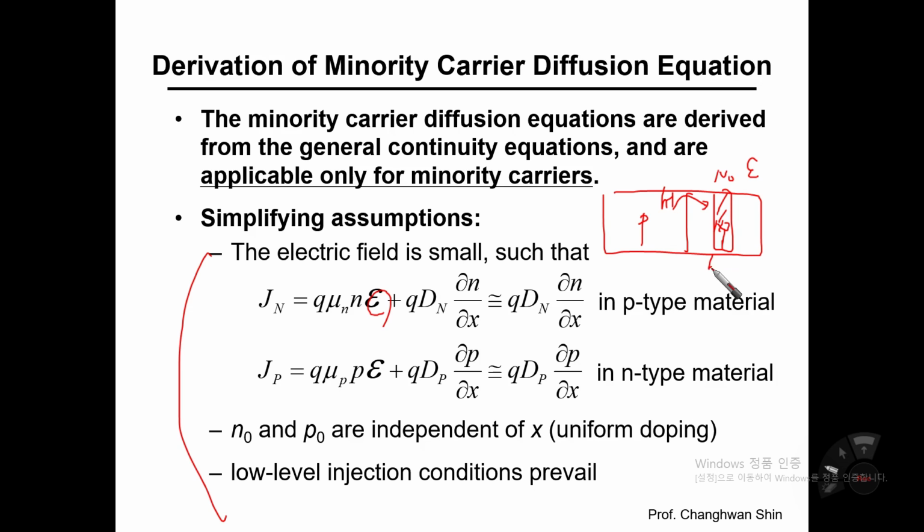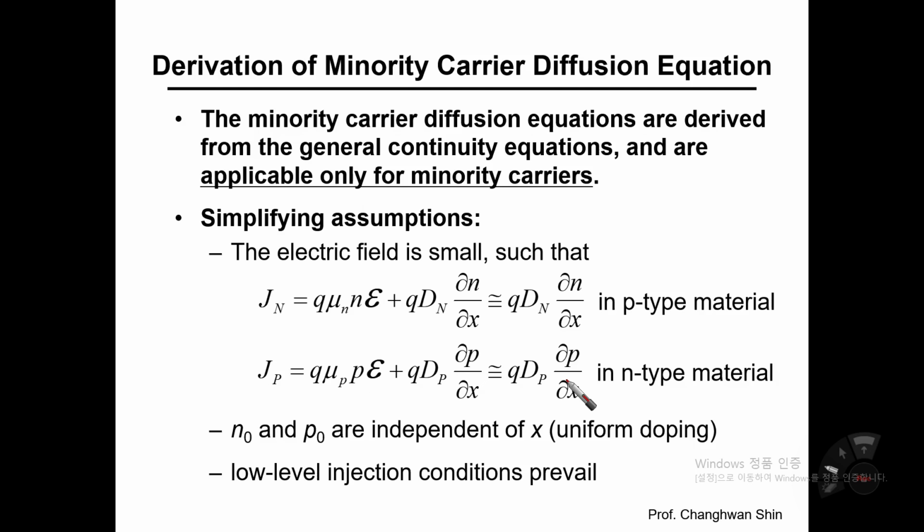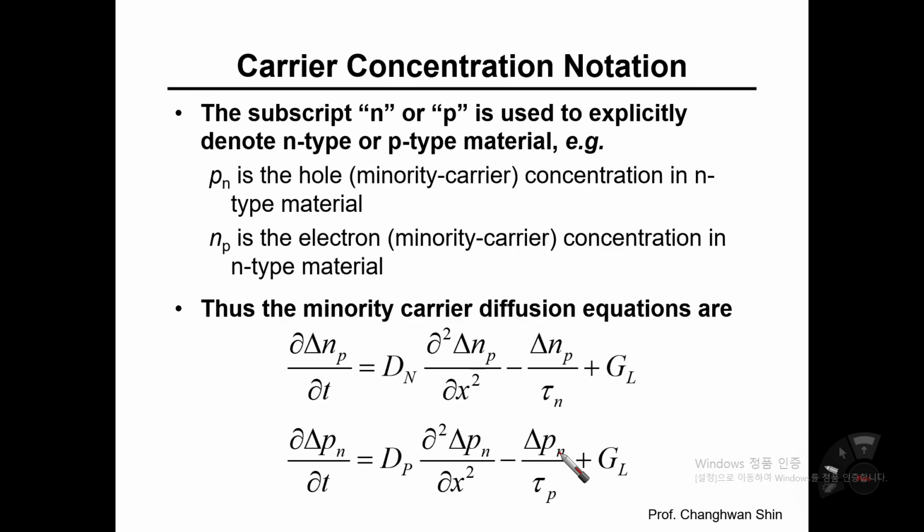Holes in the N-type material, right? That means holes are now minority carriers, and these minority carriers are moving toward the right edge of the N side. So this first order equation, if I write it down, maybe this, right?